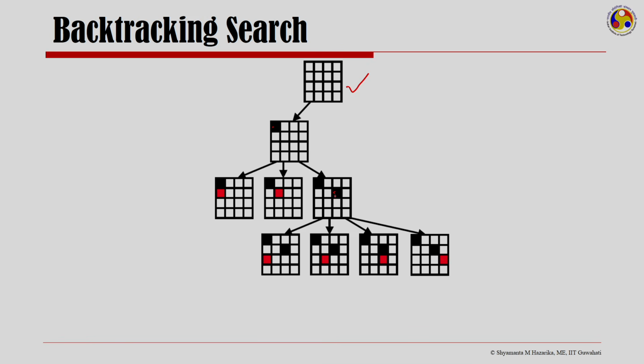So, we put the second queen here and move one step further to look for a solution for the third row. None of these positions is legal. So, what we have realized at this point is that after we have assigned the second queen, we are not left with any legal position for the third queen.